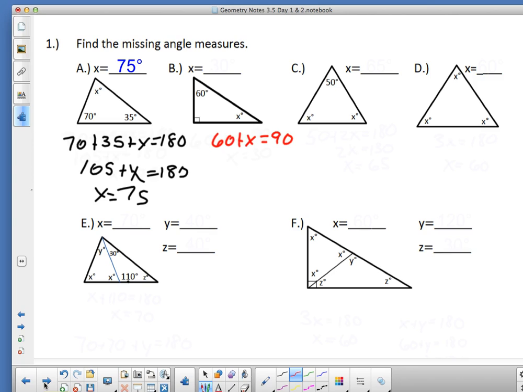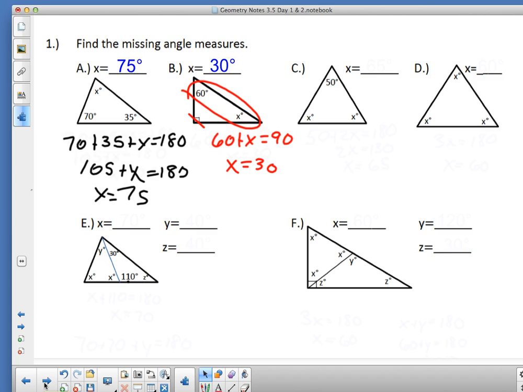Because 180 minus 90 is 90, I'm just taking that out, since these 2 together must be 90 in a right triangle. So now I get that x is 30, and we'll pull that out.